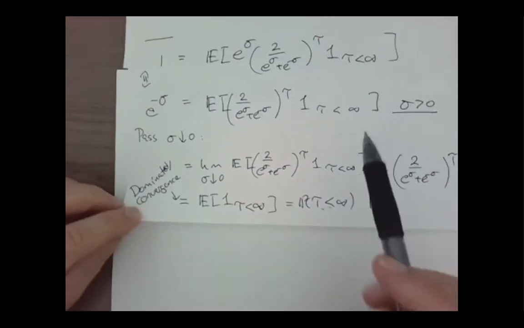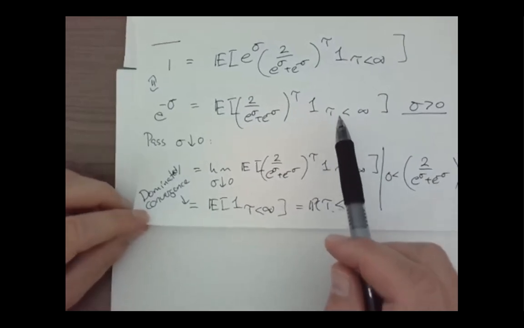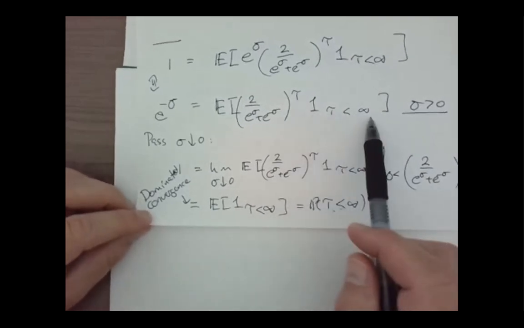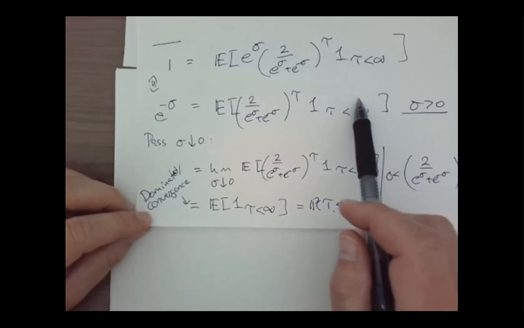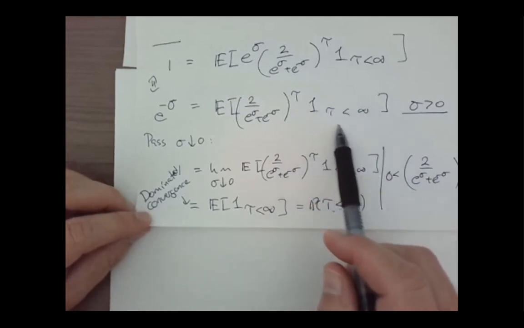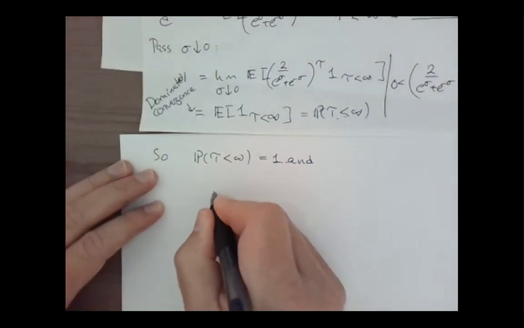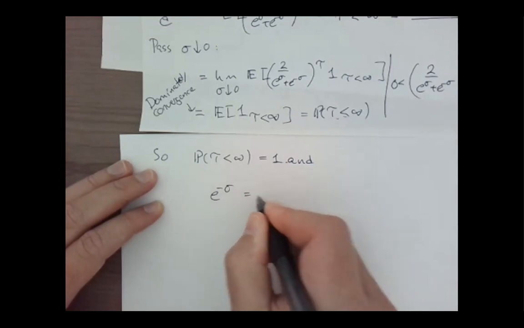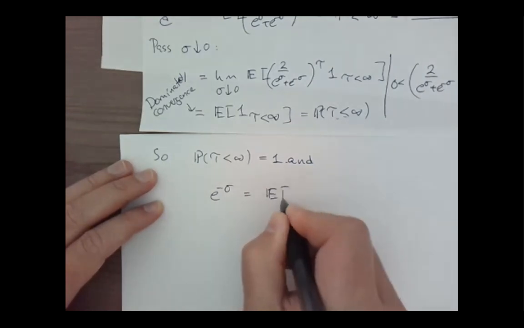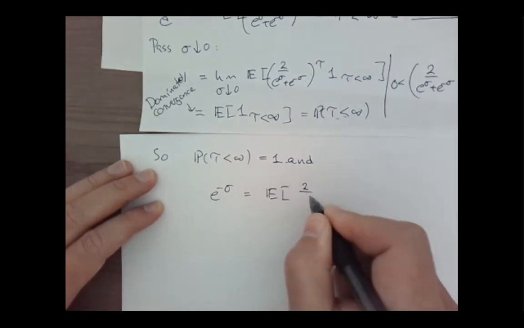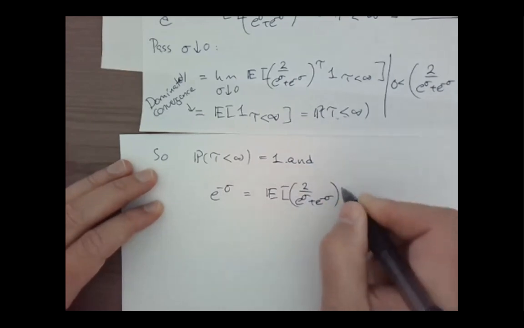This also means that I can drop the indicator now, because this set has full mass. It has probability 1. So e^(-sigma) is exactly the expectation of 2 divided by e^sigma plus e^(-sigma), to the power tau.